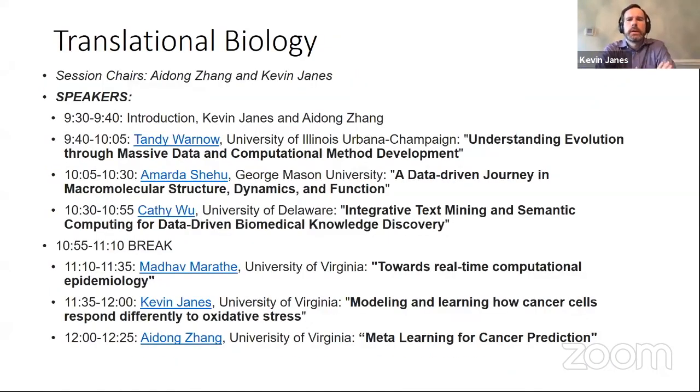We have a nice docket of people from a variety of institutions and also a variety of domains in the overarching umbrella of translational biology. We'll hear about evolution, macromolecular structure and function, as well as semantic types of learning applications, biological applications to cancer study and prediction, as well as more population scale work in epidemiology.